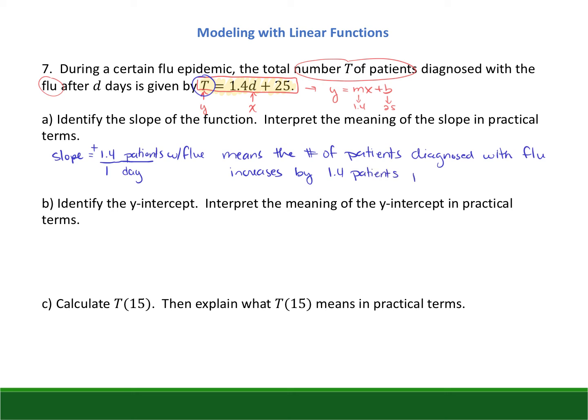You can say each day, or you can use the word per day, okay? But the slope is a rate, so we're always using some unit per some other unit. So here the units are patients per day.